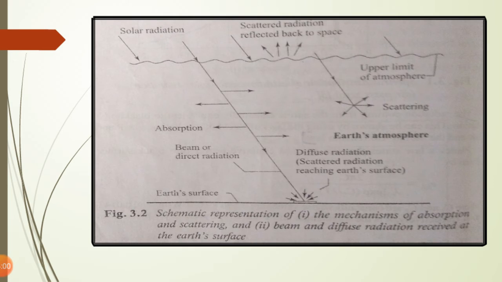That is the diffuse radiation, the scattered radiation reaching the earth surface. That means the radiation reaching the earth surface after scattering is known as the diffuse radiation. In this way, the figure shows the mechanism of absorption and scattering and beam and diffuse radiation received at the earth surface.